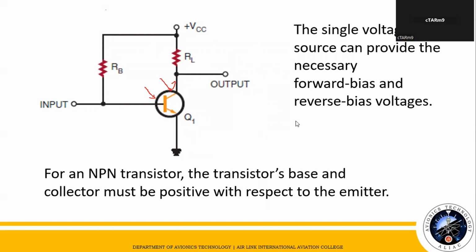So this circuit is often called base bias. Base bias circuit because the base current is controlled by the resistor RB and the voltage source.